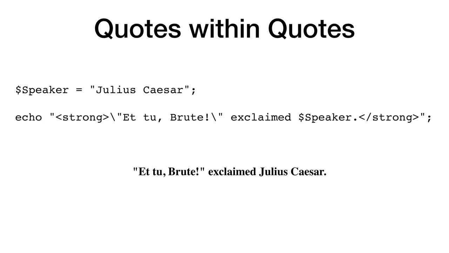But the point of this slide, and the point I'm making here, is that we use the escaping backslash to allow us to put double quotes inside a string that's marked with double quotes.